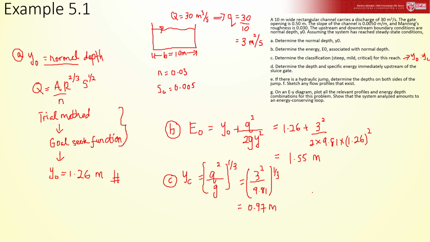Since y0 is 1.26 and yc is 0.97, you know that y0 is larger than critical depth. So from the book, from figure 5.3 that I showed you in my previous video, this is a mild reach. But we don't know yet whether it is M1, M2 or M3. So at the moment you just put MX. So this is a mild reach.